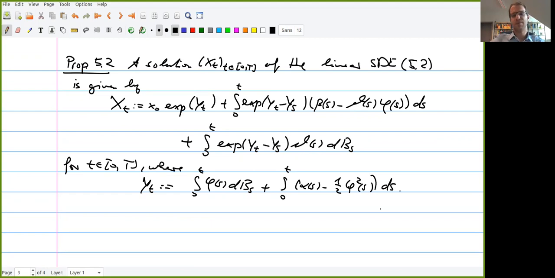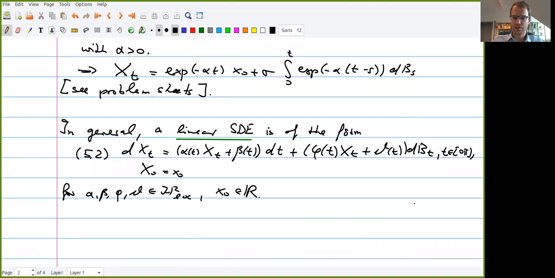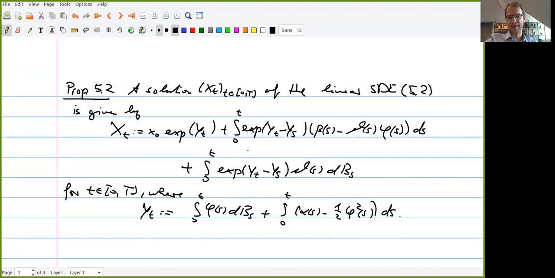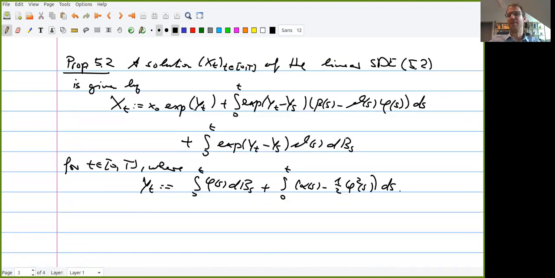And if you have learned ordinary differential equations, you can check yourself. If you set phi and theta to be 0, this is just an ordinary differential equation, which you can also solve explicitly, and I hope you end up with the same term as you get here.